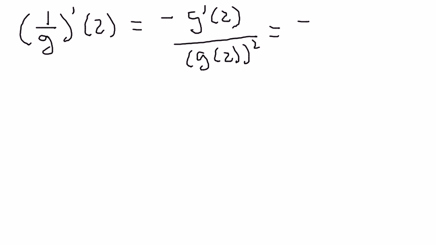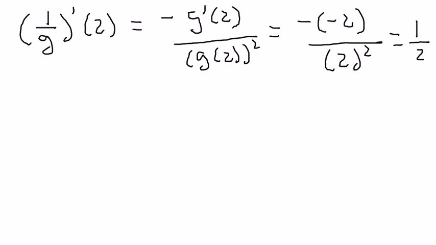It would be the negative of negative 2 over positive 2 squared, which would simplify to 1/2. You get the idea that you want to write out all the rules first before you plug in the numbers.